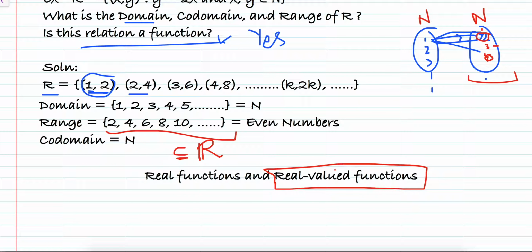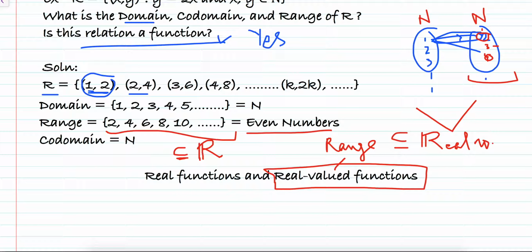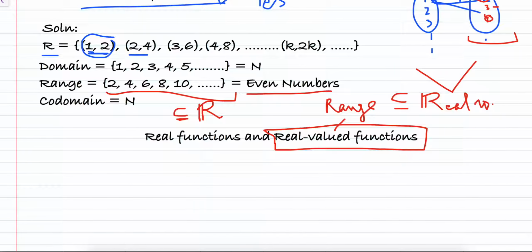So for a real valued function, the range should be some subset of real numbers. Here the range was even numbers, and we had seen that real numbers comprise all rational and irrational numbers. So it will include all the natural numbers, whole numbers, integers, everything.